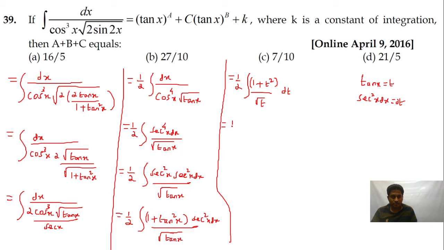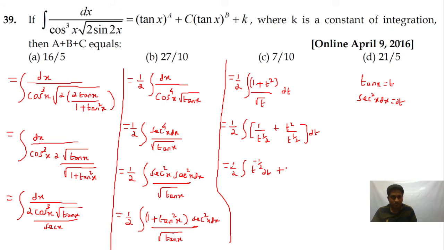So this is equal to half of integration of 1 upon root t, that is t to the power half, plus t square upon t to the power half, and then dt. Now this is equal to half into integration of, taking to the numerator, you get t power minus half.